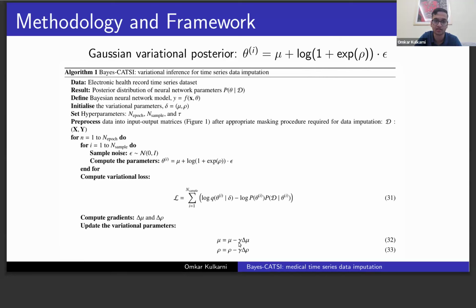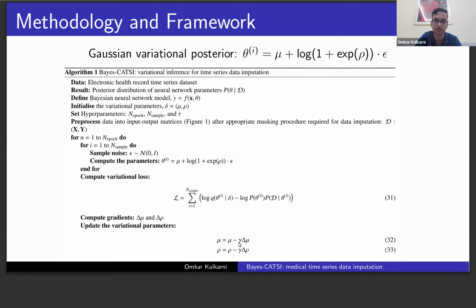Another feature in this variational inference that Blundell et al. had introduced is that they had used a scaled mixture prior. So what they did was they used a common prior to initialize the distributions of all the neural network model parameters.